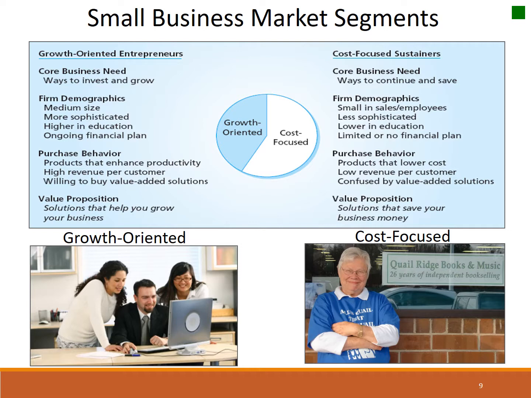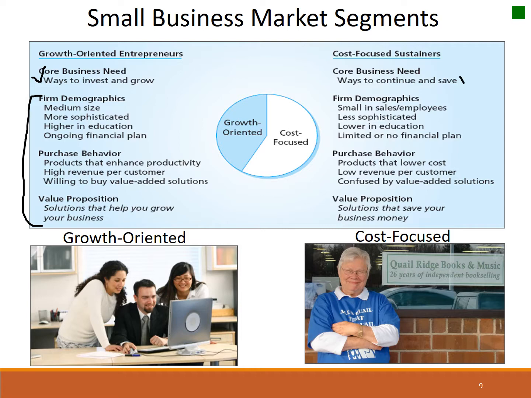If we have a business objective of cost, then that defines us in a different way. So we have the need, and then we have ways to invest and grow, and then we have the demographics that focus on that particular type of need-based company.